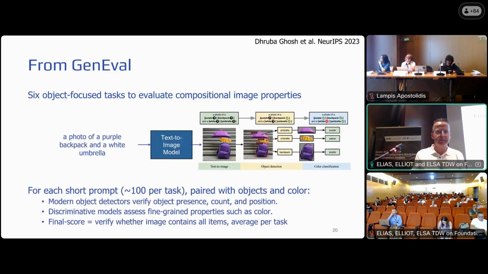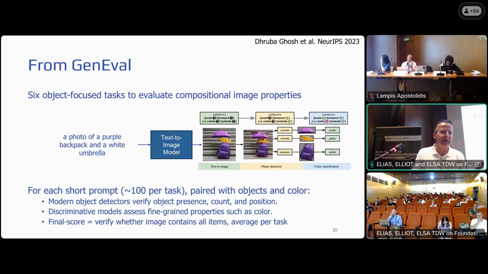So this is how GenEval works. It has basically defined 6 object-focused tasks that allow evaluating the compositional image properties of a generated image given a prompt. For each of the 6 tasks, they have defined about 100 prompts, paired with color and object properties.